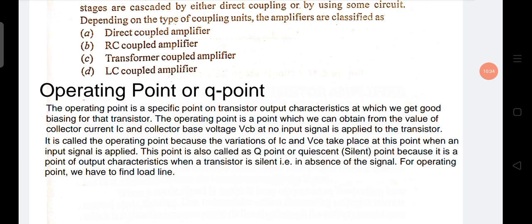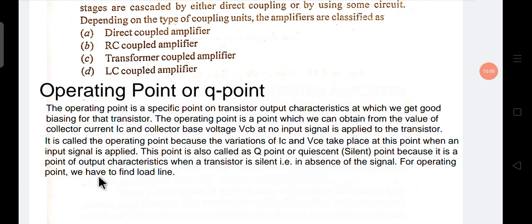Now the operating point is also called the Q point or quiescent point. Quiescent means silent point, because it is the point on the output characteristic when the transistor is silent, that is, in the absence of the signal.